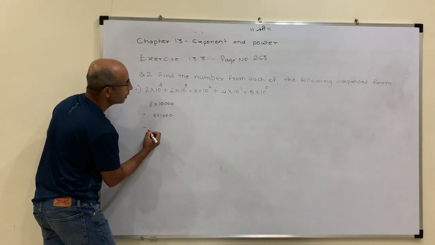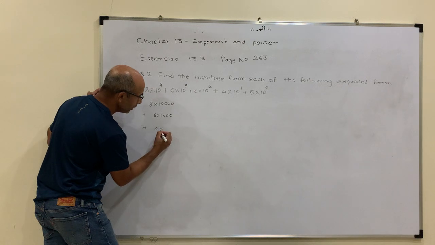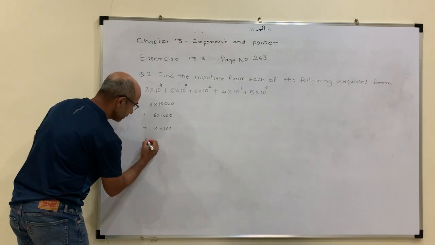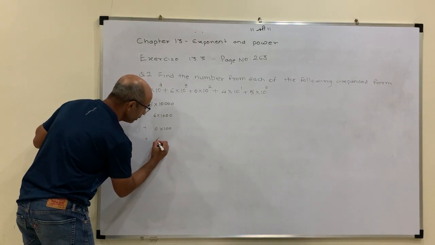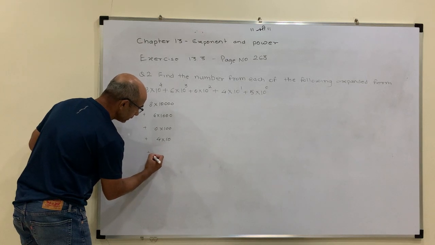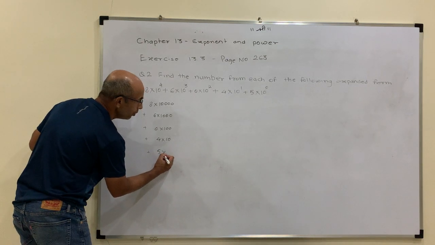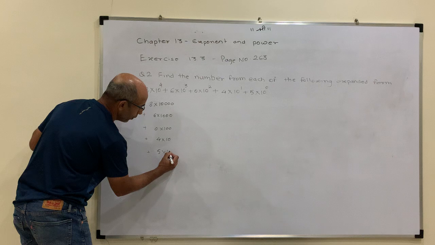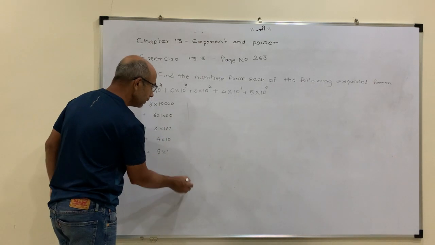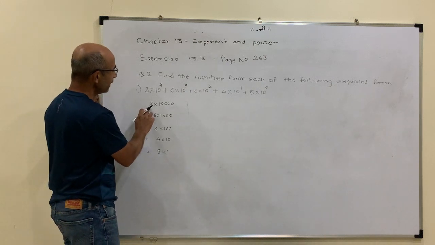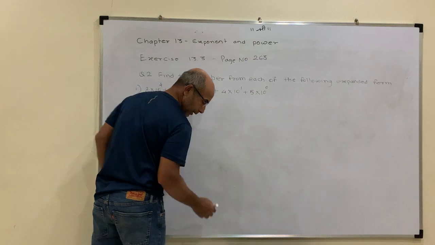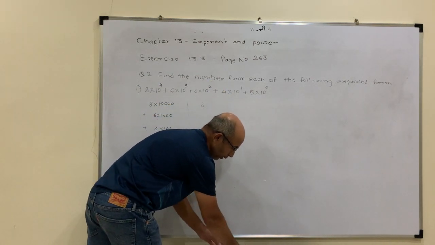Then plus 0 into 10 raised to 2 is 100, plus 4 into 10, and then plus 5 into 10 raised to 0, that is 1. Now I write it in a simplified form. 8 into 10,000 is equal to 80,000. So I write it as 80,000.